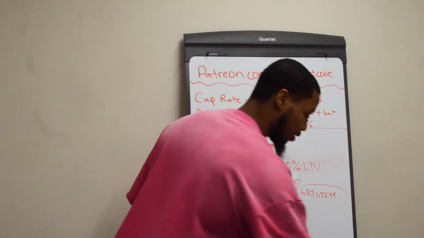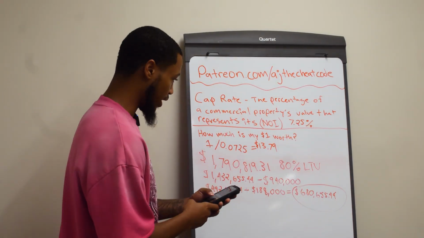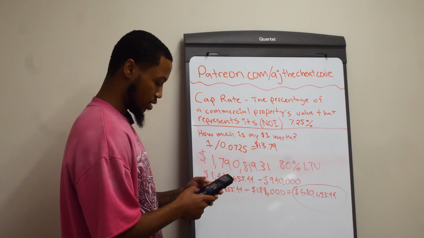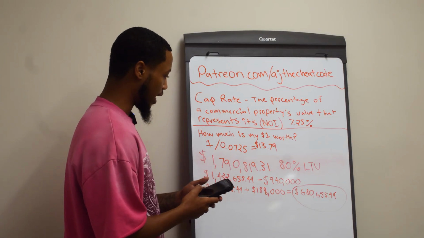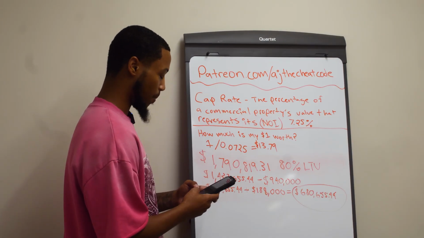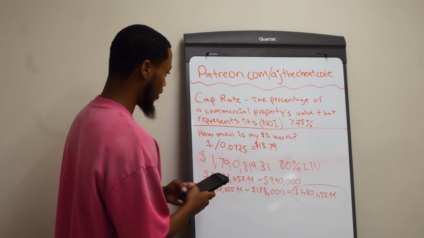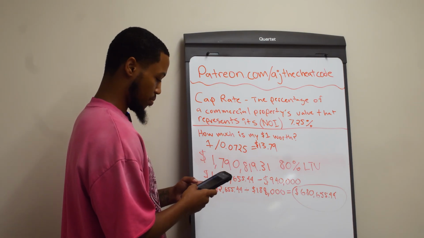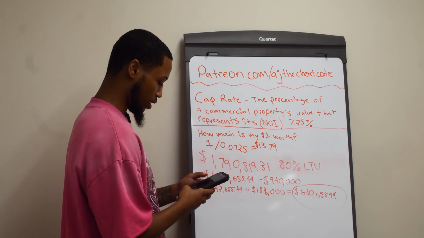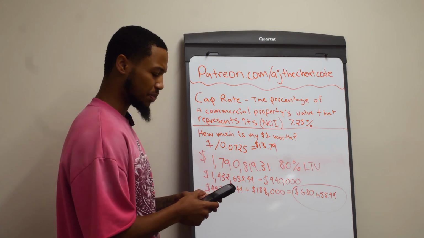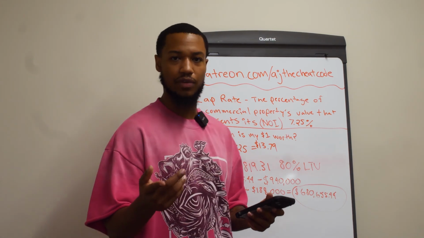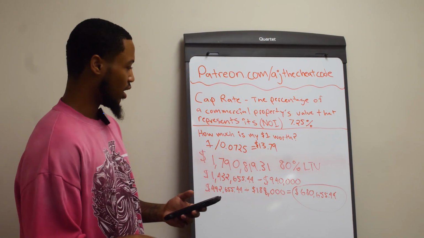As a matter of fact, let's go look at it, y'all. I'm going to calculate exactly how much my return is on this. I put in 188,000. Now mind you, I spent a little bit more than 188,000 because I had the renovations, but I'm just going to give y'all some general insight.